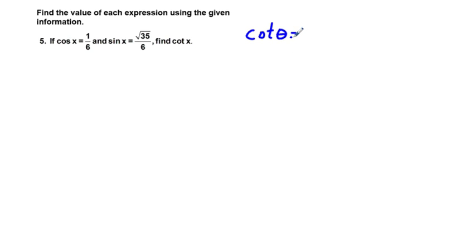The cotangent of theta is adjacent over opposite, which equals cosine theta over sine theta.